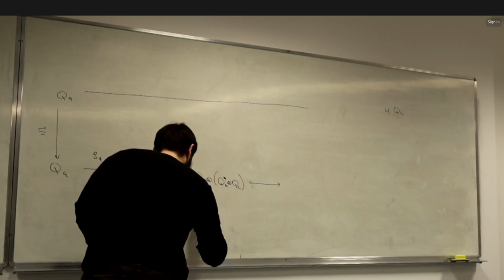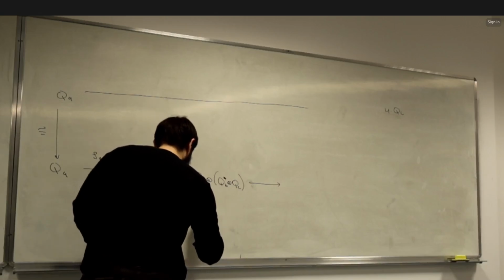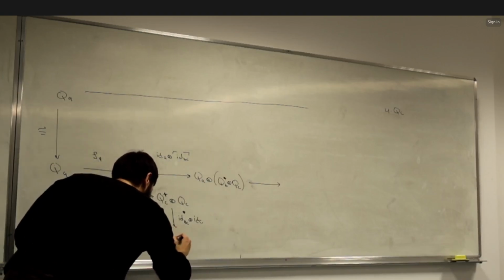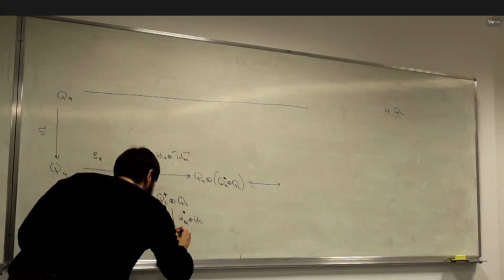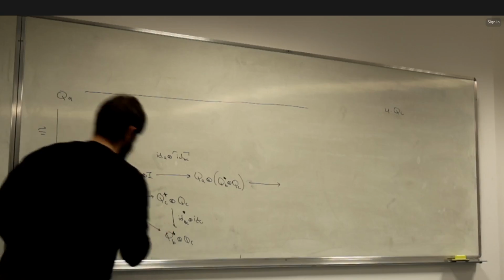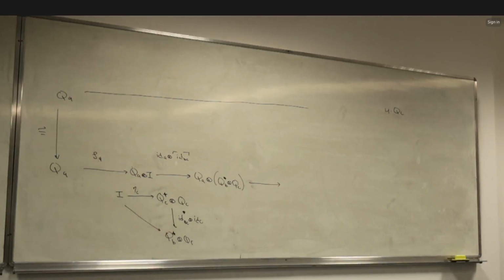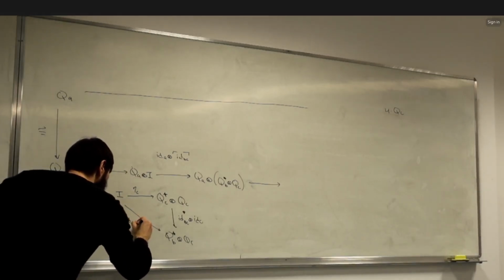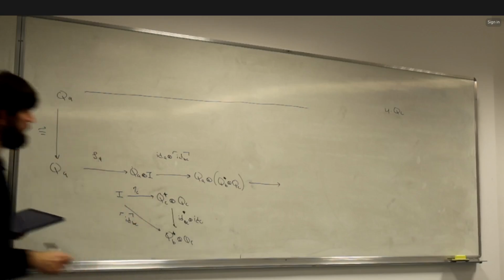And identity C. And then we have QB star tensor QC. So we have this guy right here, which is identity BC, like this.